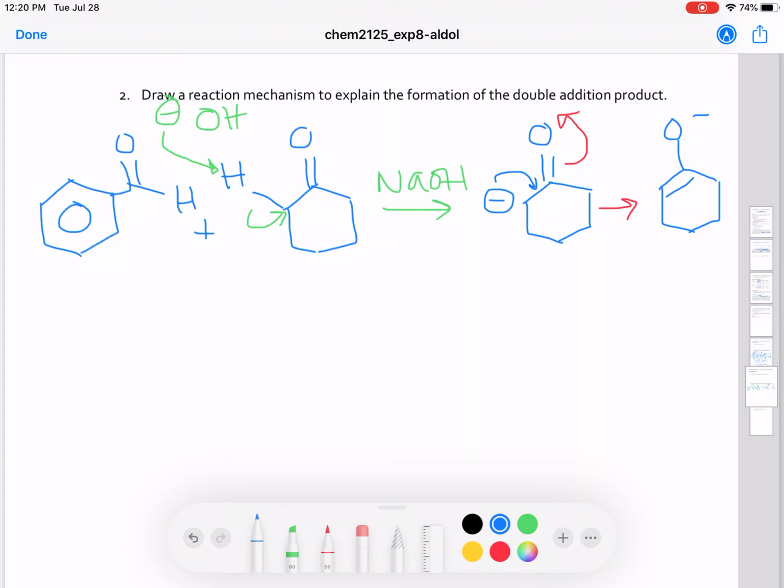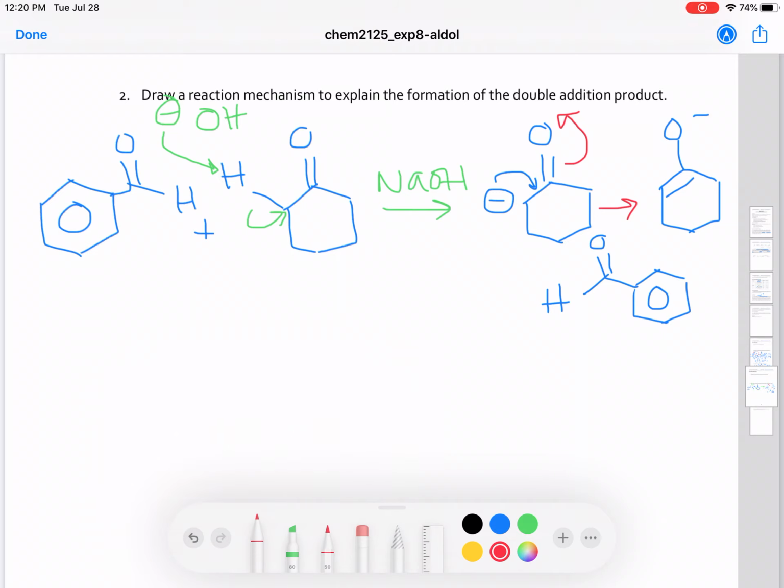And now you have your benzaldehyde right there.